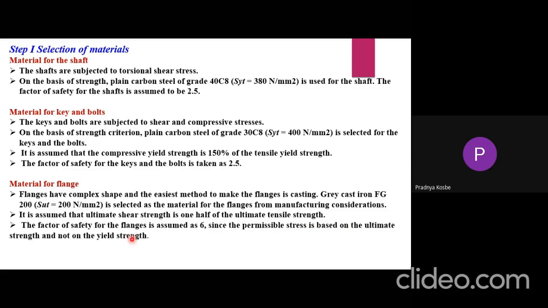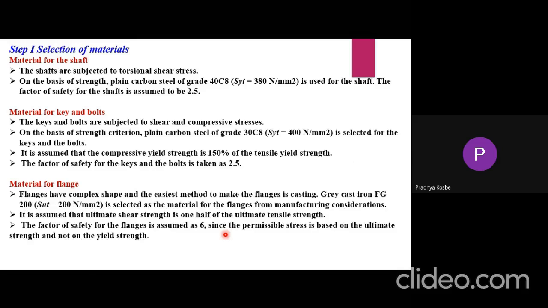And the factor of safety for the flange is assumed as 6, since permissible stress is based on the ultimate tensile strength and not on the yield strength. As it is a brittle material, chances of failure are more.